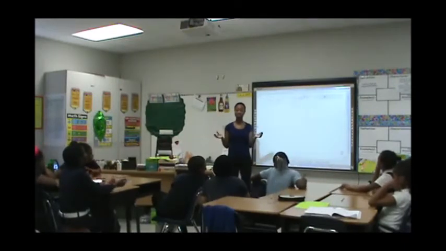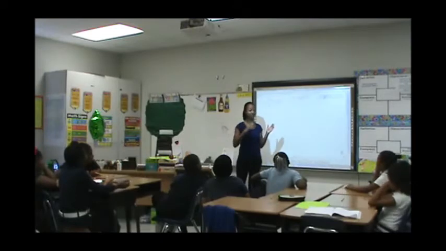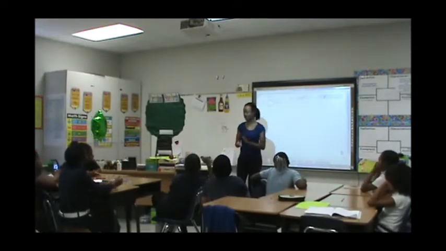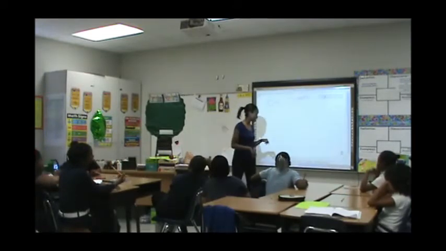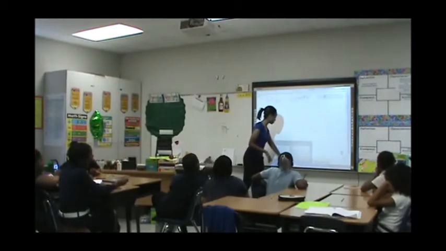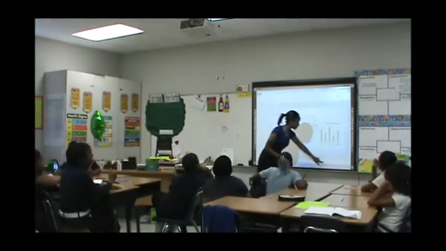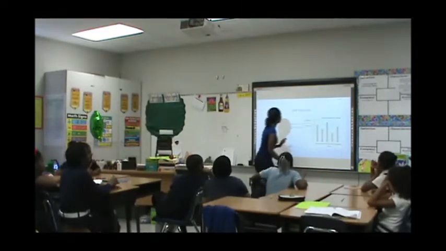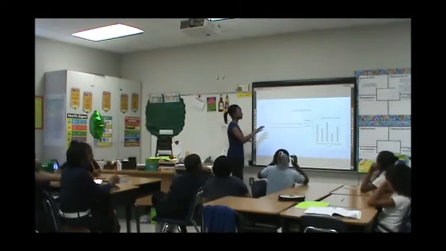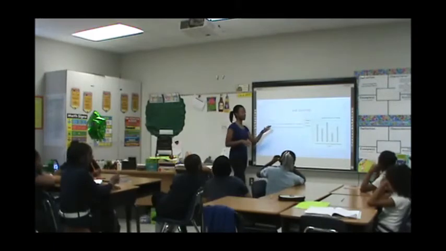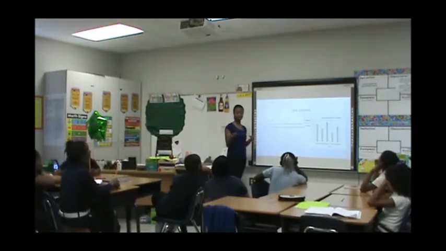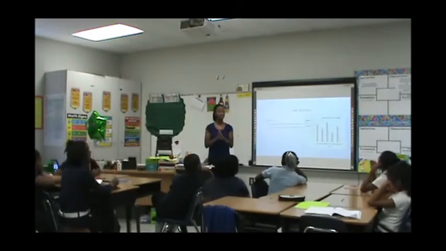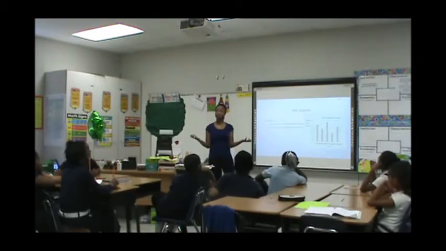A graph is used to show data or information that is collected, right? So what we are going to do first is talk about the purposes of graphs. A bar graph is used to compare amounts in different categories, like the population in different states or in schools.